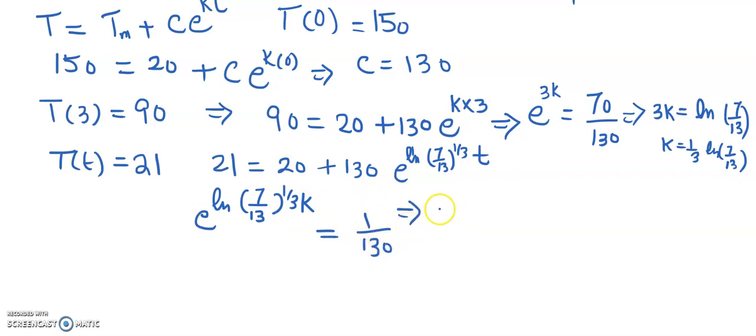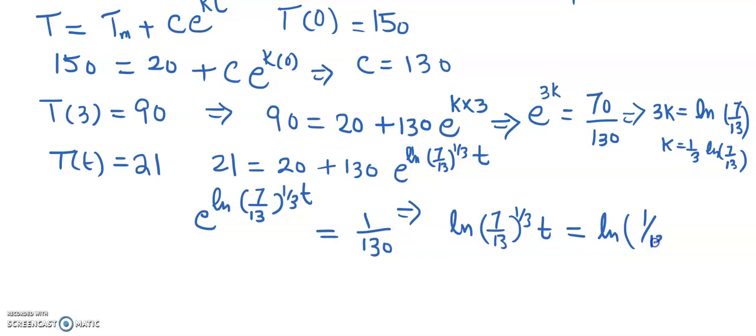Taking the logarithm of both sides, 1 by 3 log of 7 by 13 times t is equal to log of 1 by 130.